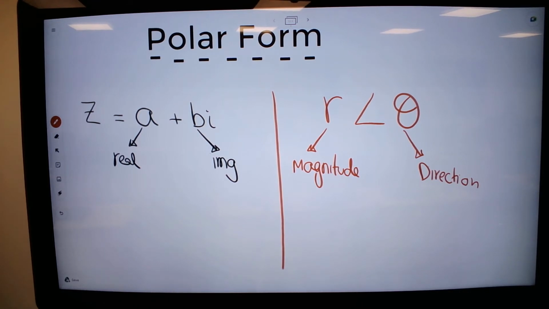How do we convert a complex number into the polar form?